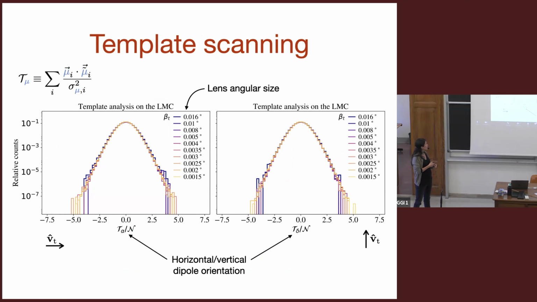Here I'm showing the histograms for tau for the template in the horizontal and vertical directions for a bunch of different angular sizes. And you see that these distributions are peaked around 0, and they have roughly a Gaussian distribution, which is what you would expect for noise. While for signal, we would expect some large value of tau here in the tails.